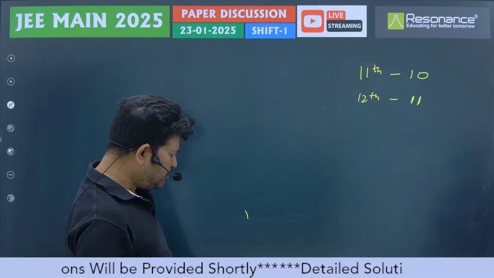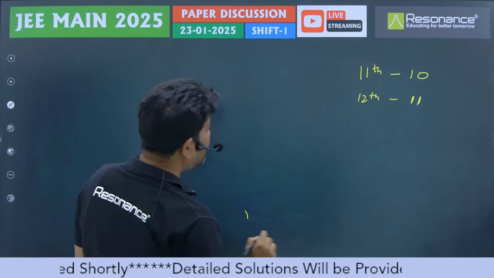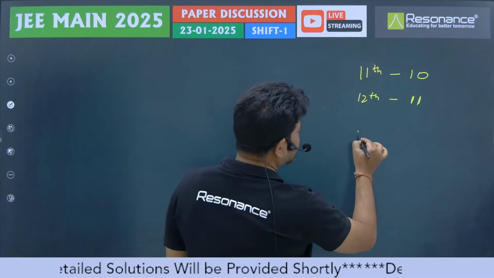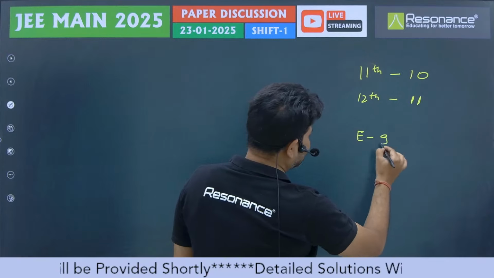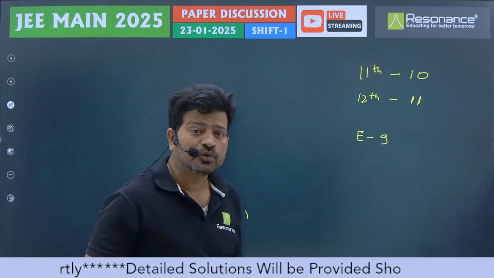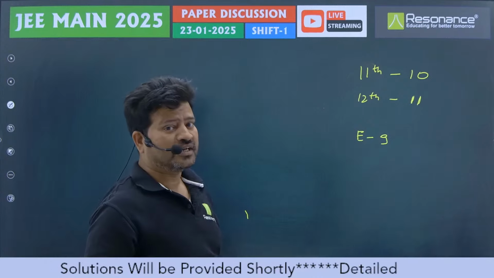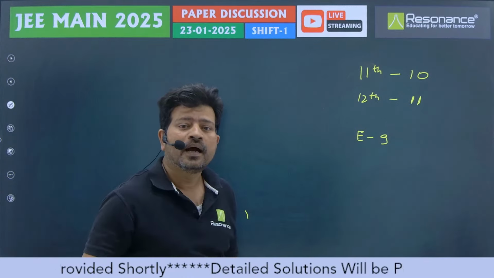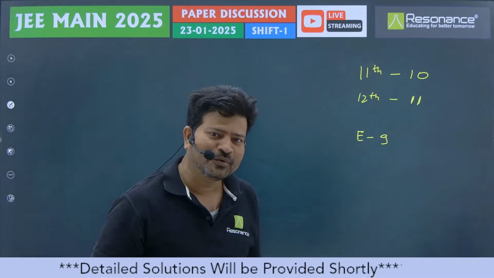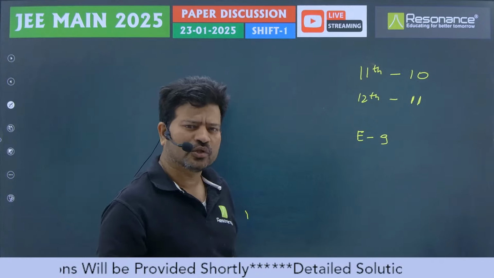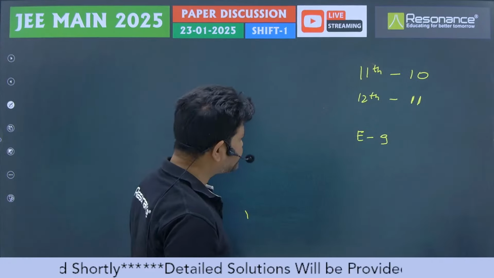Now, how many easy questions? In this paper, we can feel a total of 9 questions are easy, where you apply the formula and get the result. Even the calculation is somewhat less.